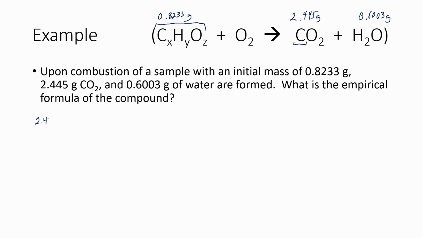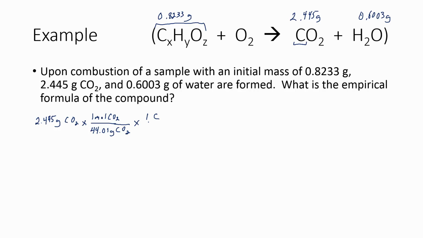So 2.445 grams of CO2. Remember, when we wanted to get the amount of one of these parts, we had to turn this into moles first, because that's our counting number. So we know we have 1 mole of CO2 for every 12, 16, and 16, which gives me 44.01 grams of carbon dioxide. All we did is go to the periodic table and add up carbon and 2 oxygens.